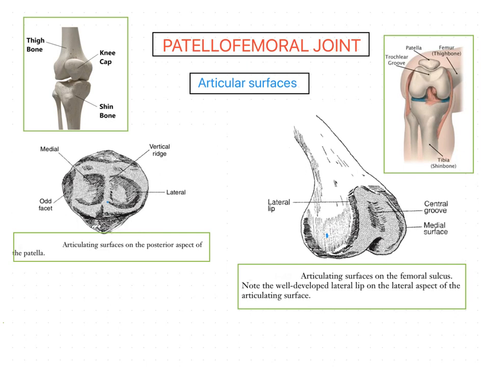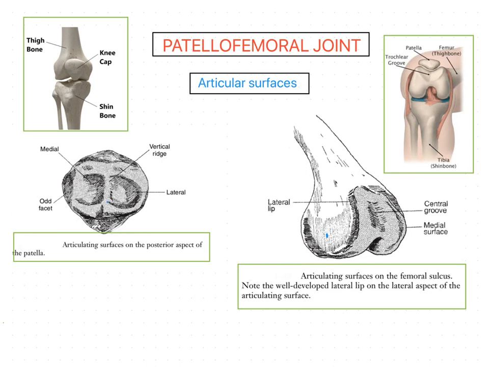So although this bone is the largest sesamoid bone, and it sits on the femoral surface, it appears to be the least congruent joint in the body. Now we will see the articular surfaces.